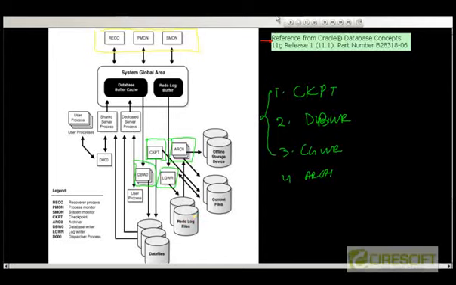Log writer is going to write to the redo log file, and when this redo log file is completely filled, it is going to switch to the next redo log file. Let's say we have only two redo log files, and eventually redo log file 2 is filled. When redo log file 2 is filled, it is going to come back again to redo log file 1. That means redo log file 1 is going to be rewritten.